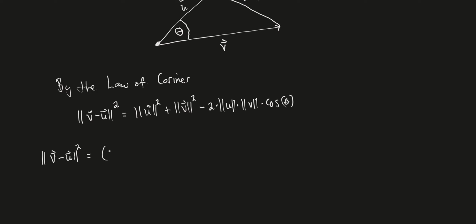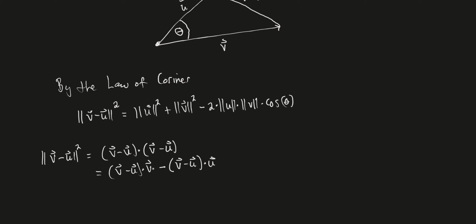So in other words, this would be the dot product of v minus u with itself. But then we can use our distributive property. Let me write it out in stages. So this would be v minus u dot v, and then minus, again, the quantity v minus u dot u.